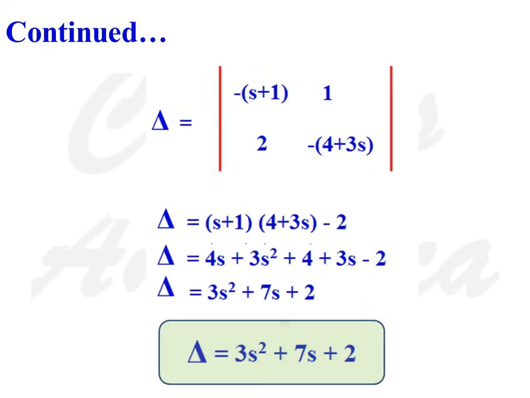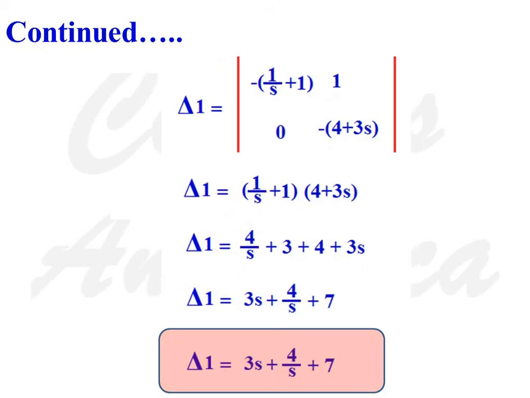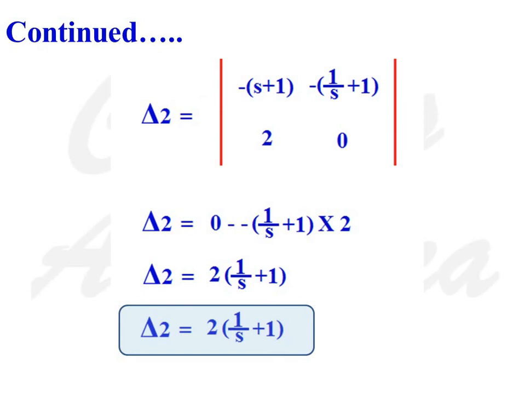So delta is equal to 3S squared plus 7S plus 2. Delta 1 is equal to 3S plus 4 by S plus 7, and delta 2 is equal to 2 into 1 by S plus 1.